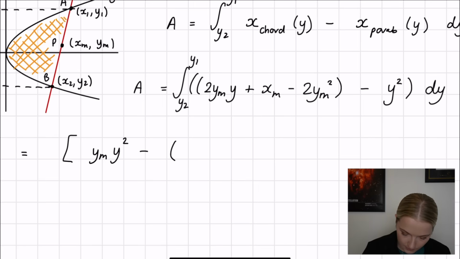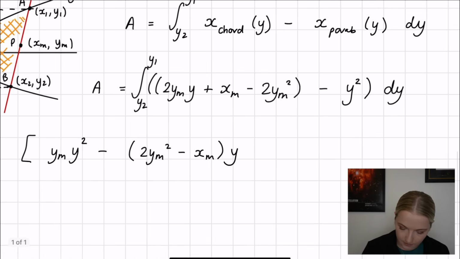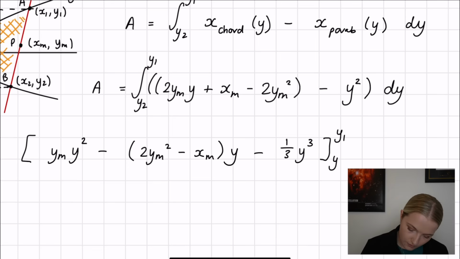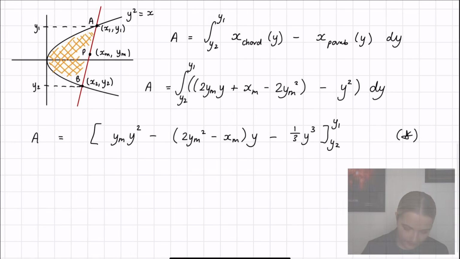So we have minus 2ym squared plus, well, actually that would be a minus, because a minus and a minus is a plus. So minus xm multiplied by y, and then if we integrate y squared minus y squared, we'd get a third y cubed, and this would be between y1 and y2. Now I'm just going to call this equation star.